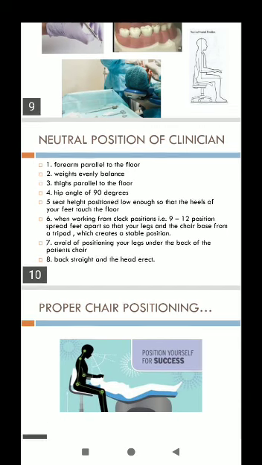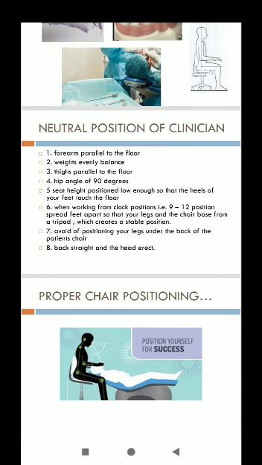When working from clock positions, there are certain positions whenever you work on a patient's mouth, and they are marked with the clock position, as on a wall clock, from the 9 to 12 position. You can imagine how you can sit within the 9 to 12 position.